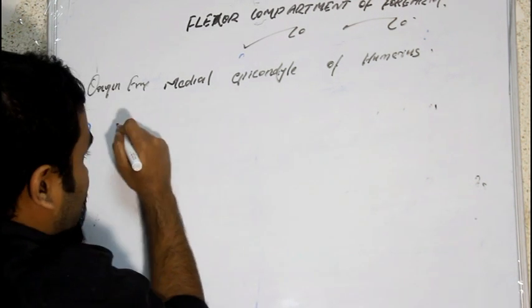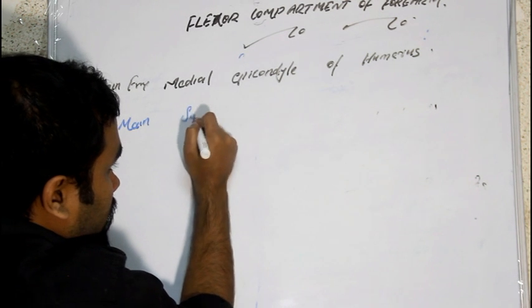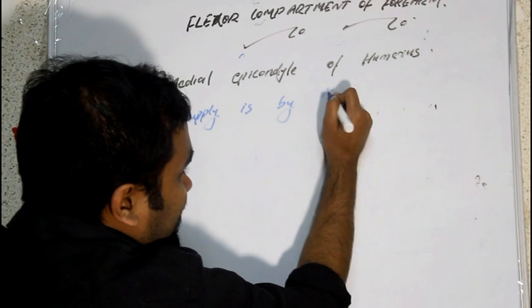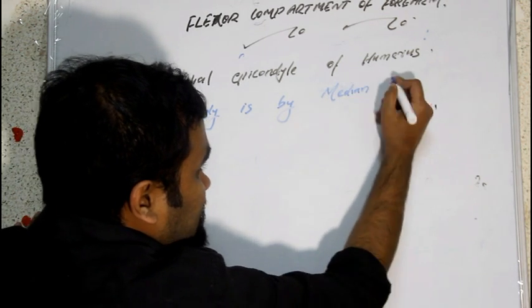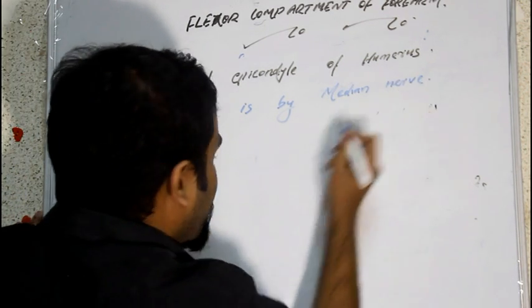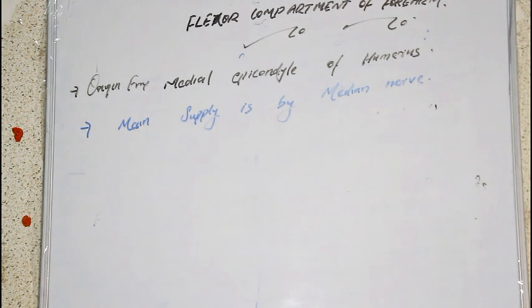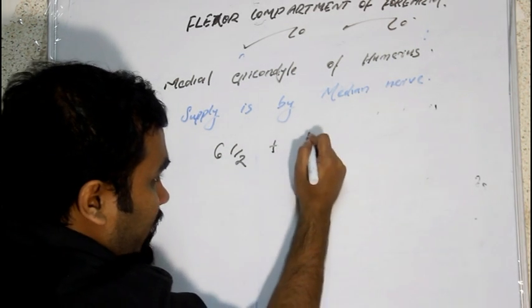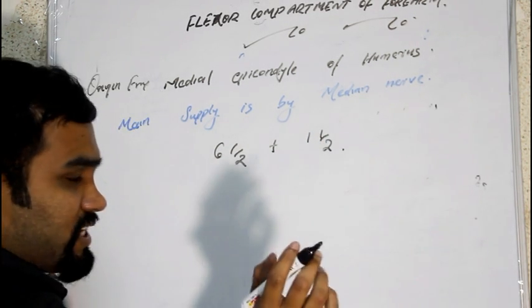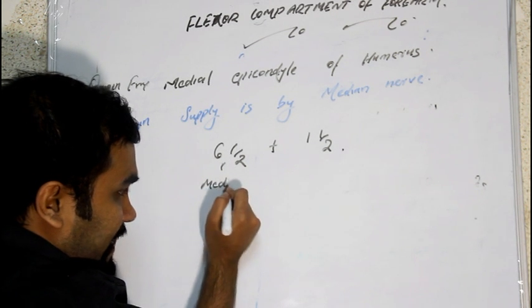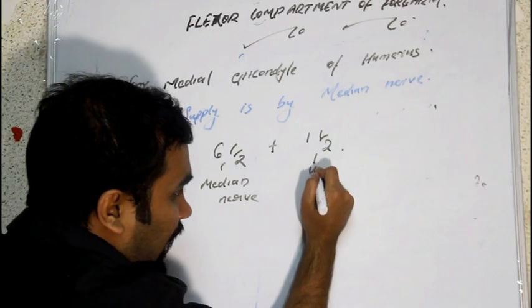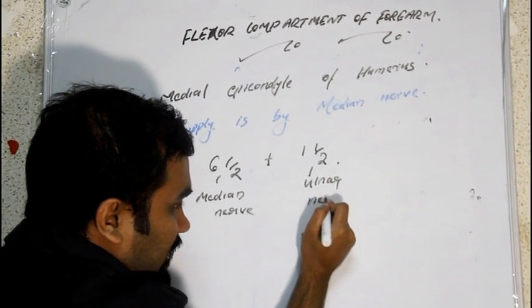The median nerve. But some muscles have supply from other nerves. So the main muscles are supplied by median nerve. That is 6.5 muscles plus 1.5, total 8 muscles. 6.5 are by median nerve, and 1.5 are by ulnar nerve.